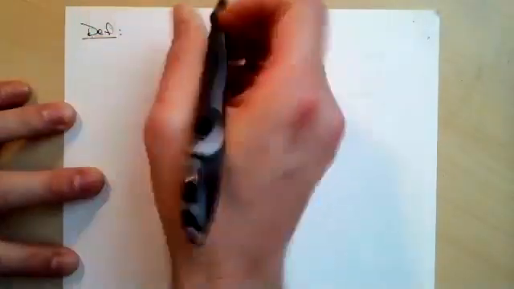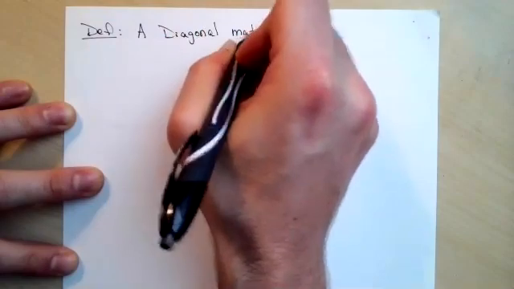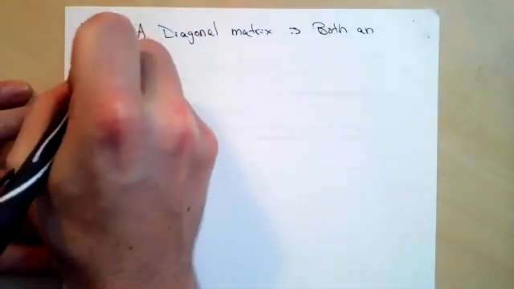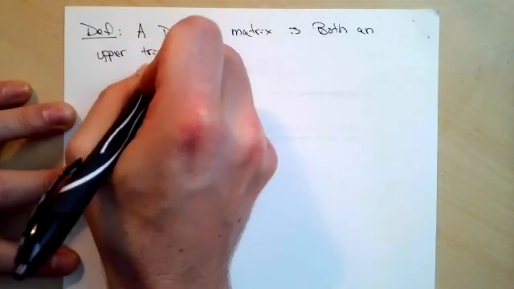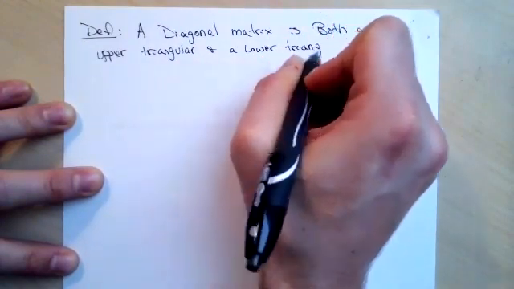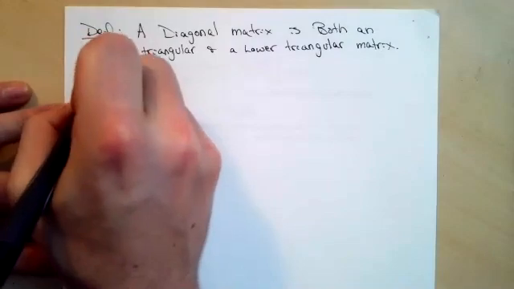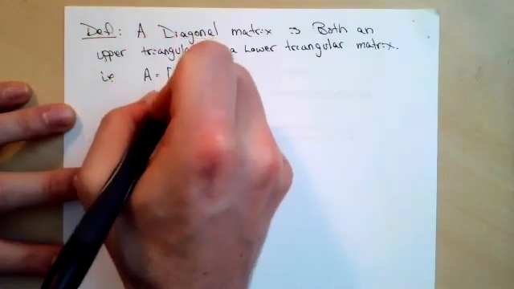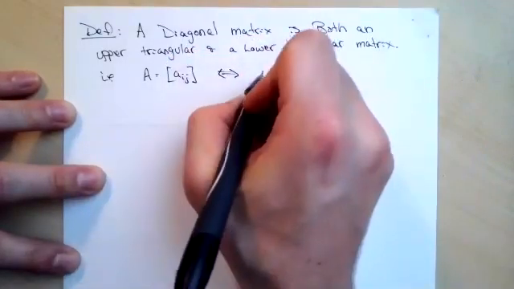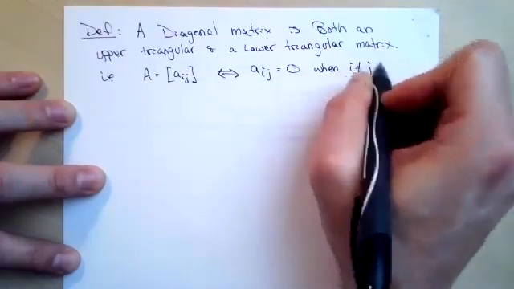So we can just define a diagonal matrix is both an upper triangular and a lower triangular, i.e., we give a matrix where a_ij is 0 when i doesn't equal j.